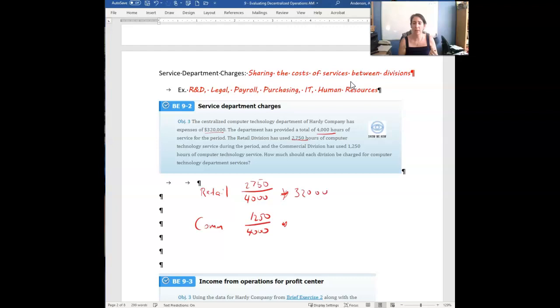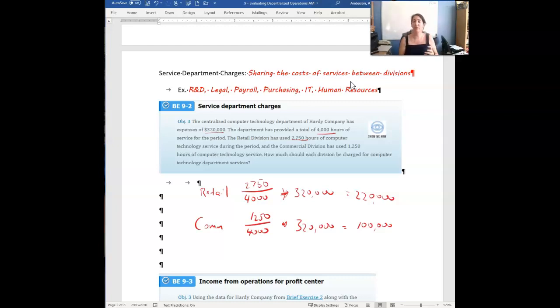So we're going to multiply each of these times the overall cost of $320,000, which winds up being $220,000 goes to retail because they use them far more, right? 2,750 hours versus 1,250, and $100,000 would then go to the commercial department.